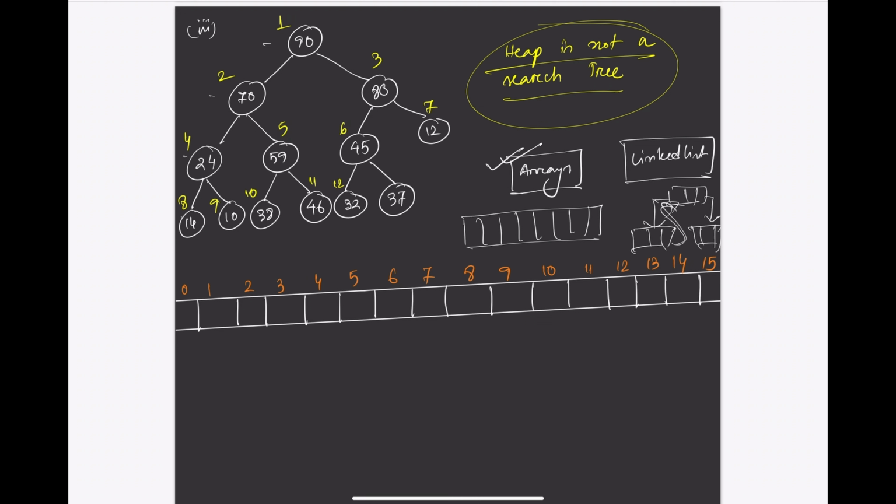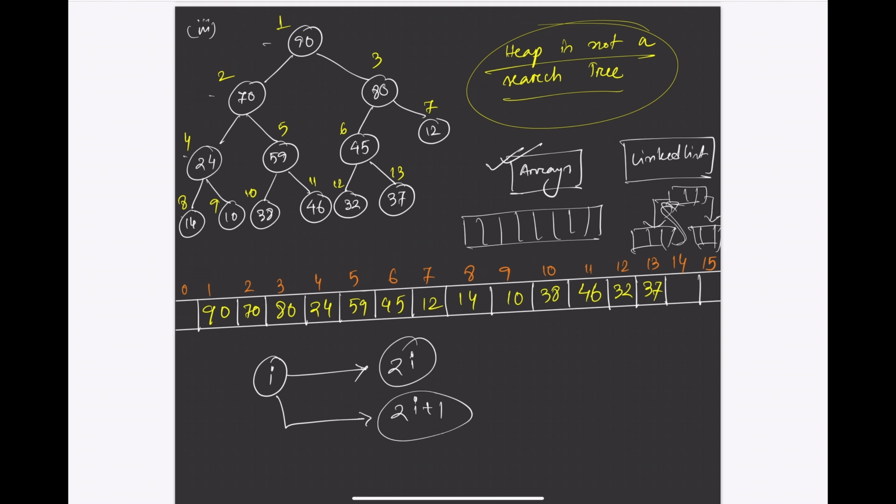If you see here 90, the next one is 2i, that means 2, and 2i plus 1, it's 80. For this one 24 is 2 into 2, and 59 is 2 into 2 plus 1. So that is how it will be the left one, it will be the right one. Let me write that. It will be left and it will be right.